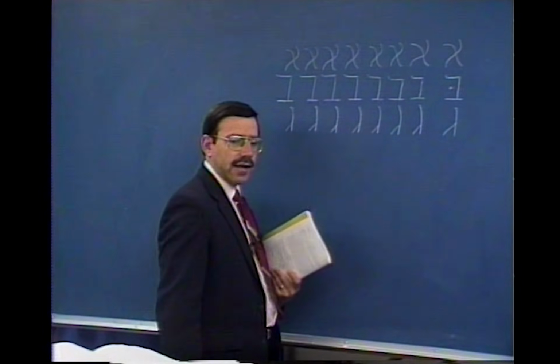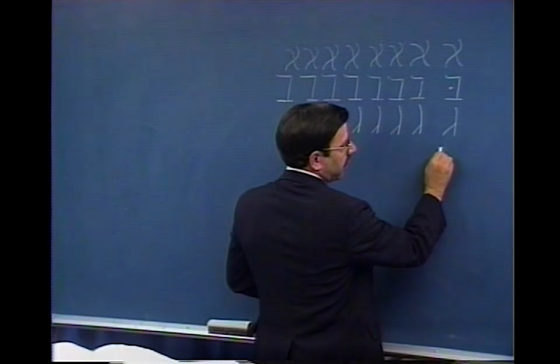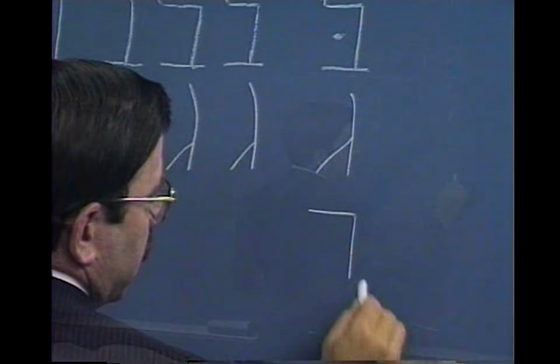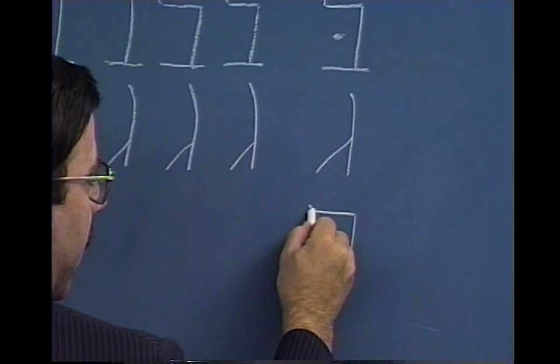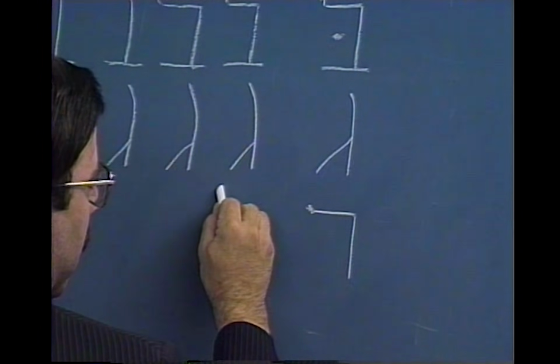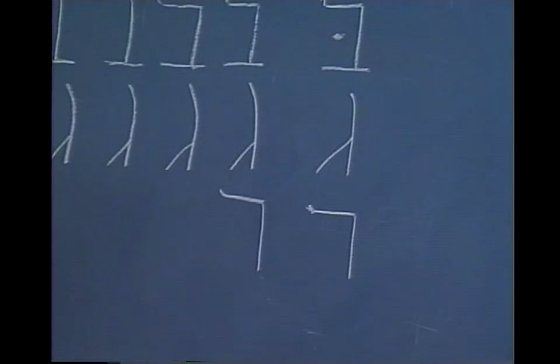All right, the next is Dalet, and the easiest way to do the Dalet is just make a square like that, almost a half of a box. Some people like to put a little flag on that, and that's fine. Make sure that you have a definite square, because it's going to look an awful lot like the Hebrew letter resh.